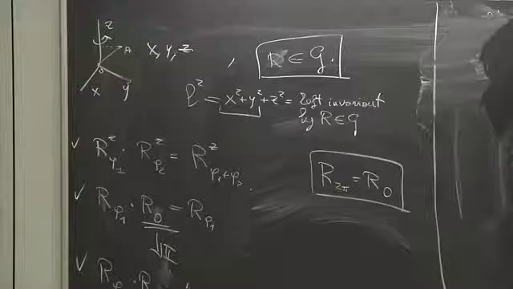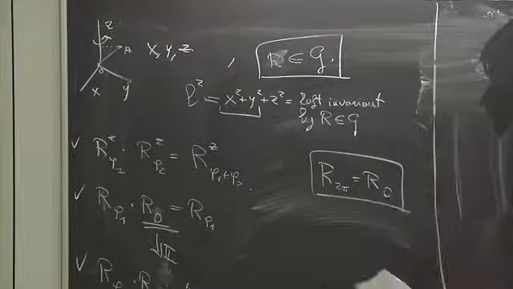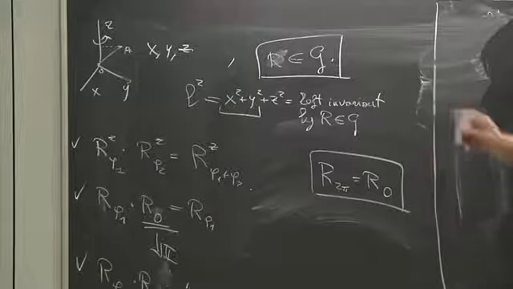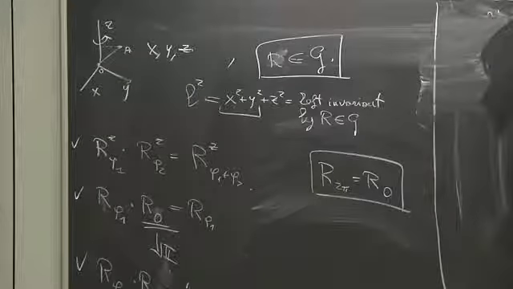So the concept of closeness or continuity is there for rotation along Z, and for rotation along any axis. So this is a Lie group.